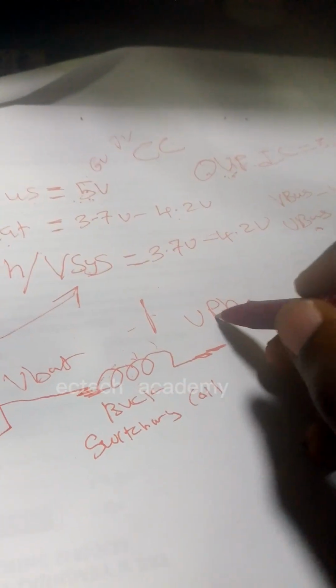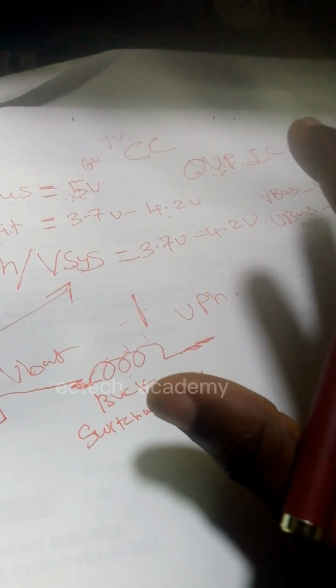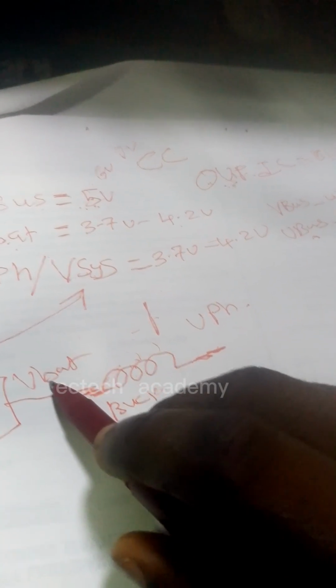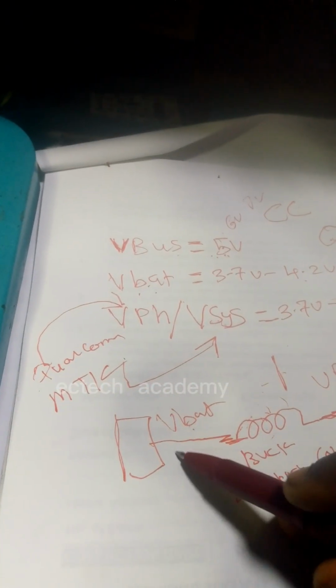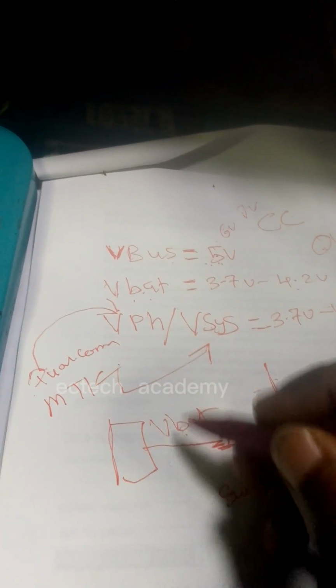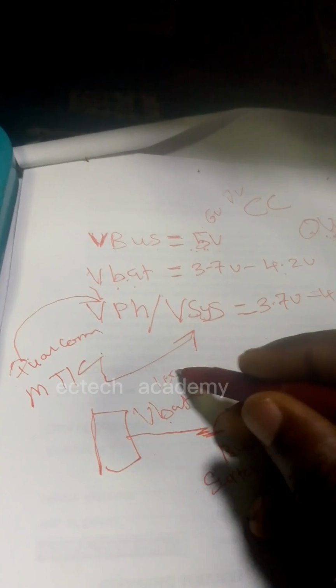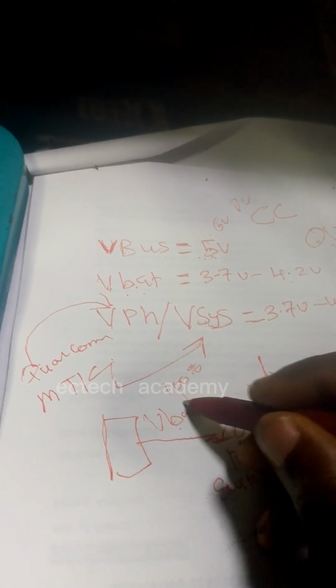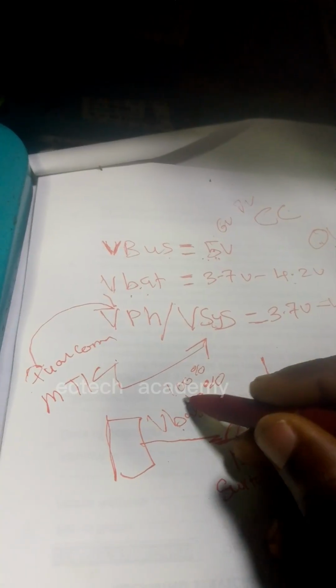And this VPH is the one that will go to our mobile PCB, the one that will supply the sections. It's not the battery voltage. Why? Because the battery voltage keeps decreasing. Maybe your battery percentage is 100%, and later you reduce to 70% as you are using it.